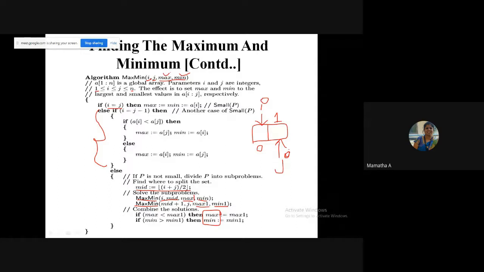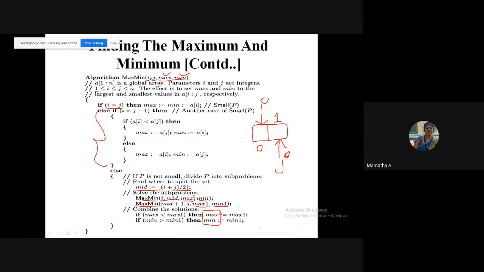Then we can wind up if you can tell me that. What is your basic operation to do all these things? Comparison. Comparison. Okay.